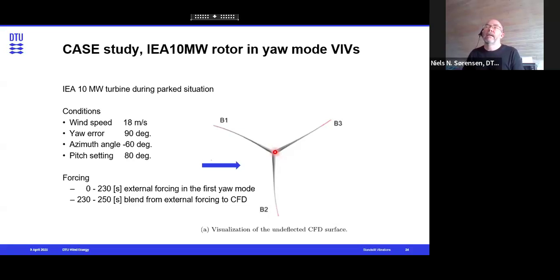The rotor is parked at 90 degree or 80 degree pitch, and the azimuth of blade 1 is 60 degrees. Then we ignite it for the first 230 seconds to vibrate in the yaw mode, and then we switch this off gradually. After 250 seconds, we are in a mode where we drive it with the CFD.